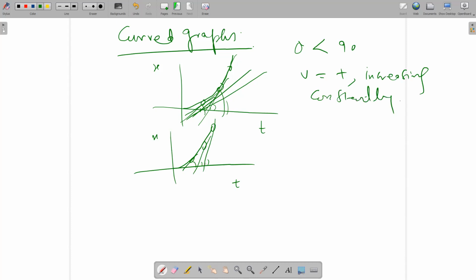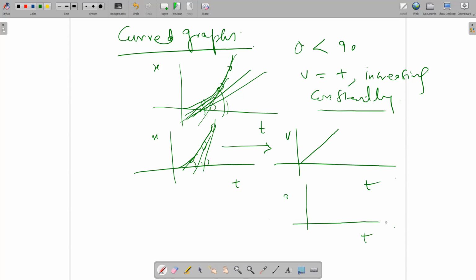Okay. So if it is increasing constantly, then what will be the VT graph? The VT graph is positive, in this way, and increasing constantly. So from here, the graph will be this one. From here, what will the AT graph be? Is the slope increasing or constant?